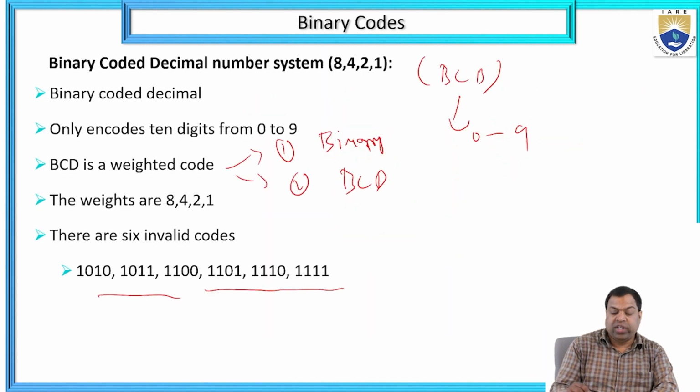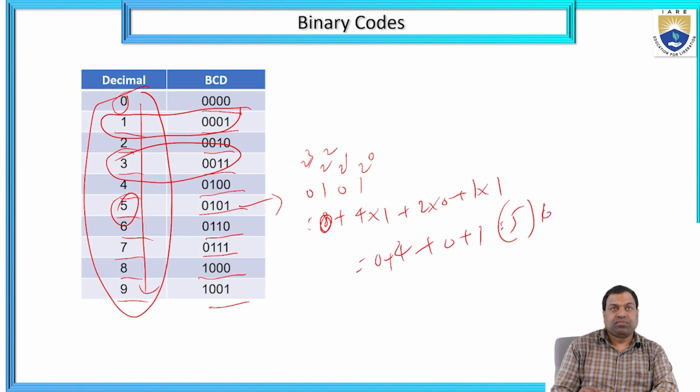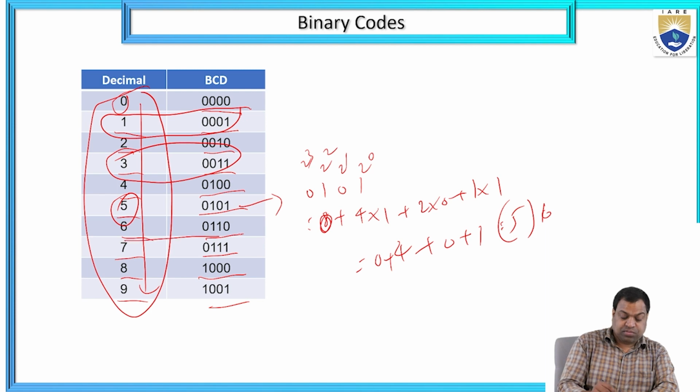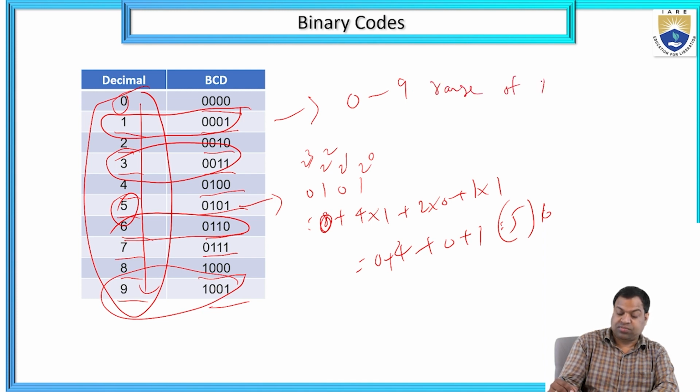Binary coded decimal, that is BCD. BCD has a range from 0 to 9 and it is a weighted code. The weights are 8421, and there are some invalid codes as well. So this is decimal to BCD, 0 to 9 range of BCD.